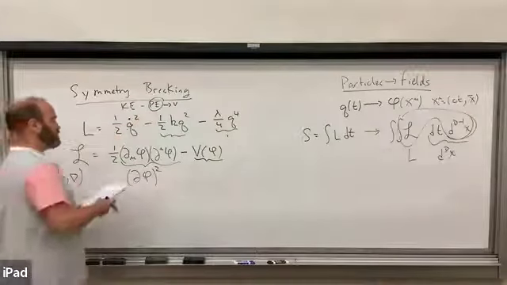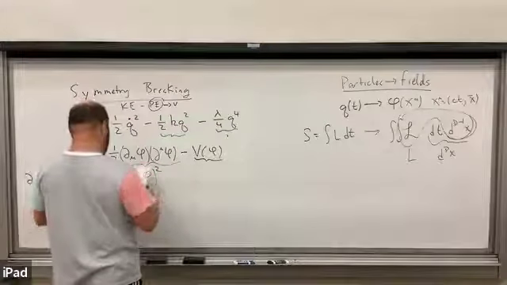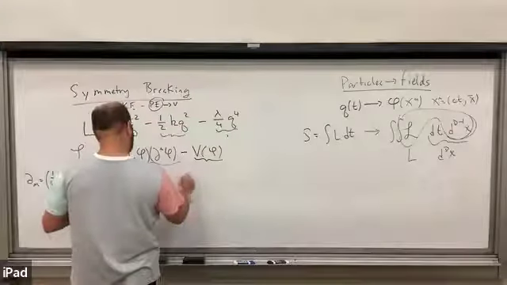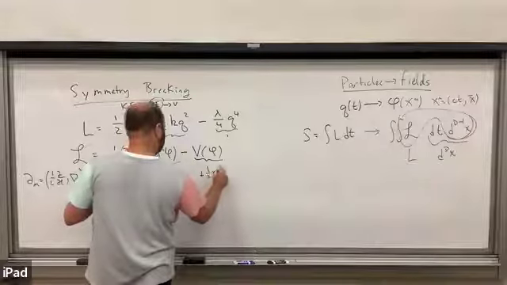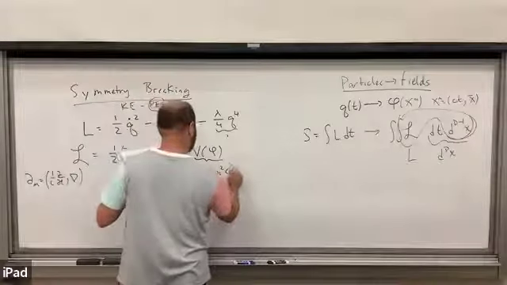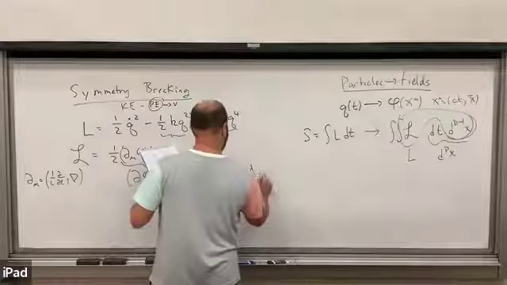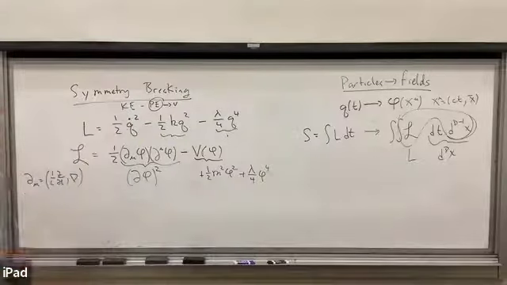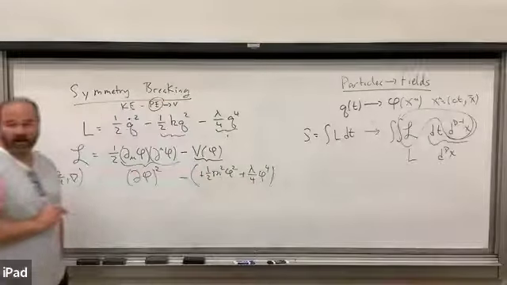If I do the translation for the potential, I'm going to write that the potential is plus 1/2 m squared phi squared, and then plus lambda over 4 phi to the 4th, like so. Then all of this, of course, gets subtracted from that.